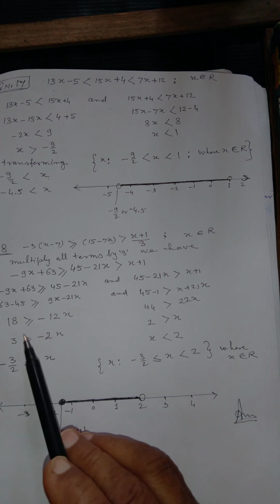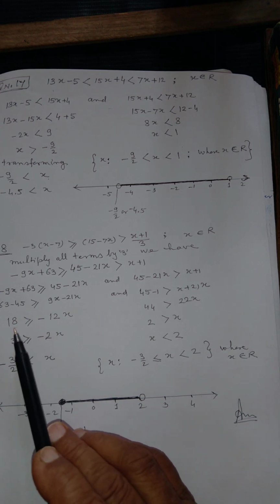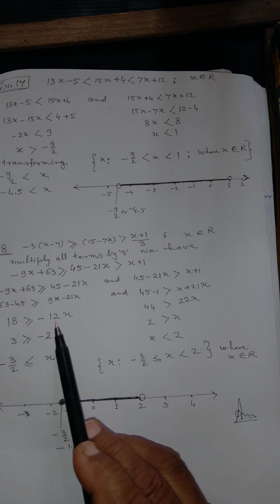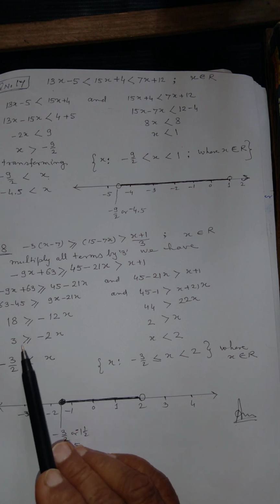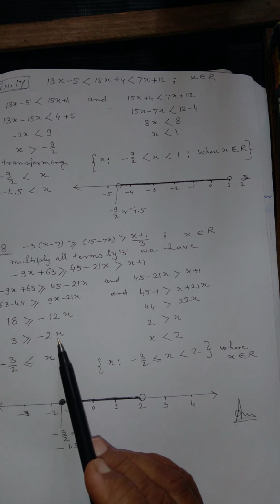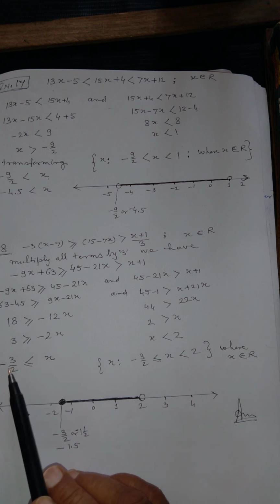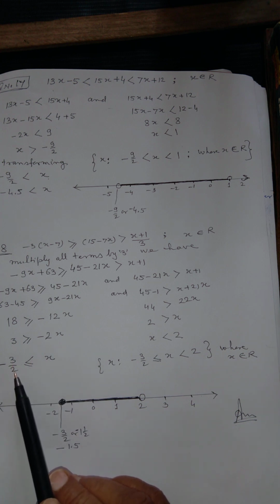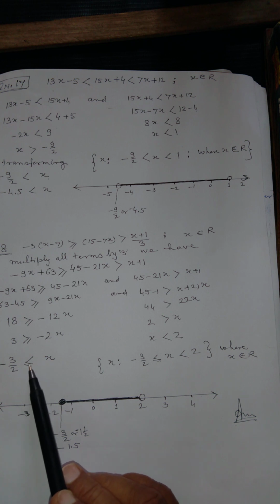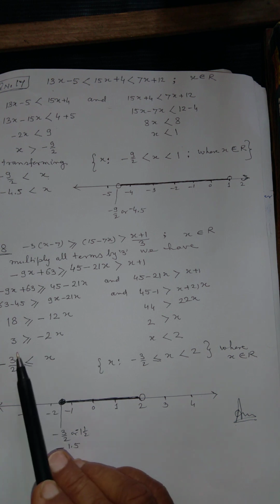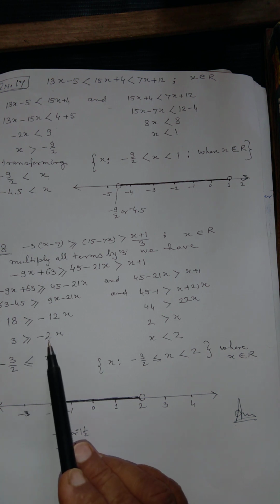Now divide it by 6 on both sides, we will get 3 greater than or equal to minus 2x. So minus 3 by 2 will be less than or equal to, because I have divided both sides by minus 2.